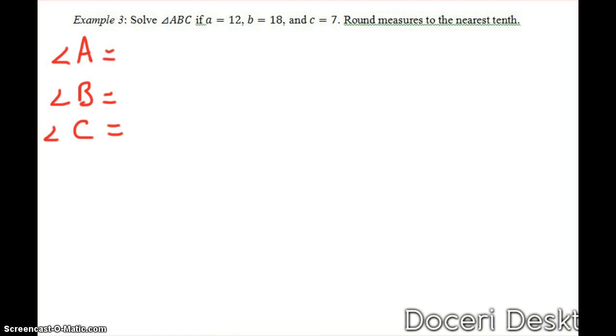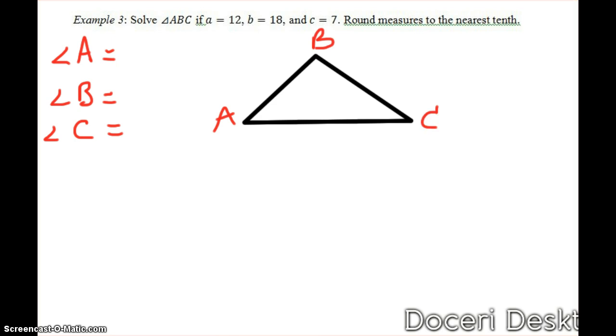So you want to draw your triangle, kind of help you out a little bit. And we'll say this is triangle A, B, C. The side opposite A is 12. The side opposite angle B is 18, and the side opposite C is 7. So this time we have a side, side, side triangle.